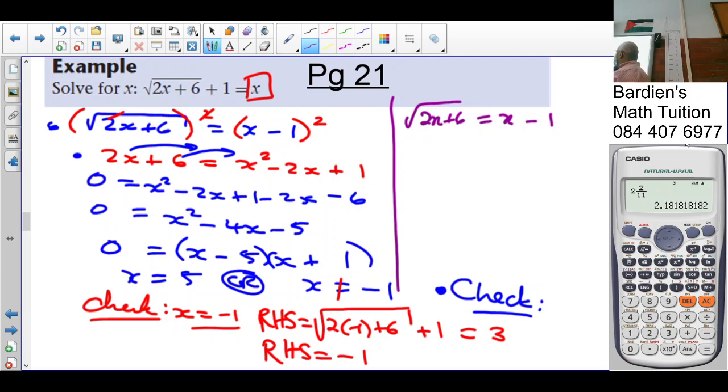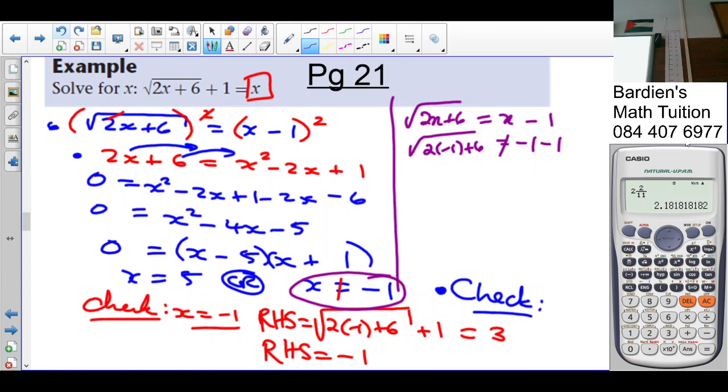And I put minus 1 in here. So it will be the square root of 2 times negative 1 plus 6 equals negative 1 minus 1. Then, you all agree the statement is not true, because I have proved it is not true. Once we did the substitution, it was not true.